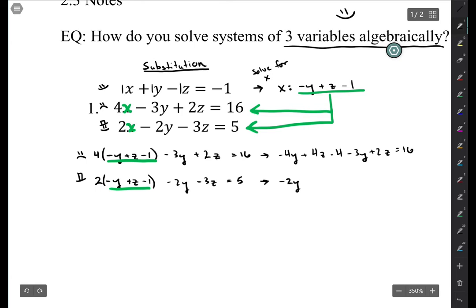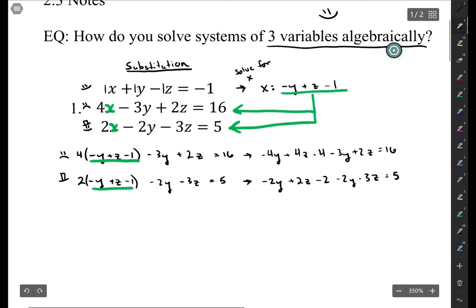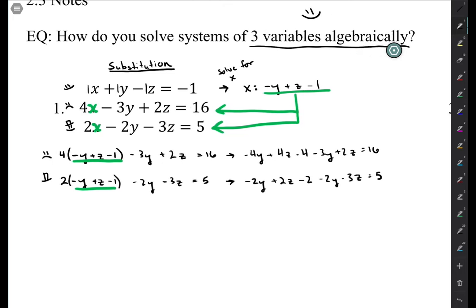Minus 2y plus 2z minus 2, and we have the rest. Okay? Now, with those, we got a lot going on. So let's simplify each of those there. So just keeping track, this is frowny face, and this is hat.